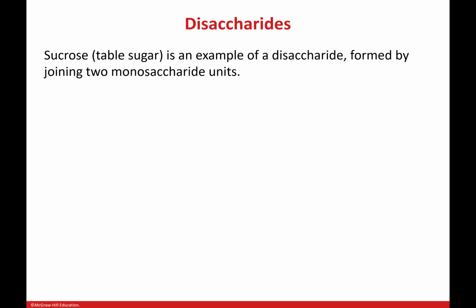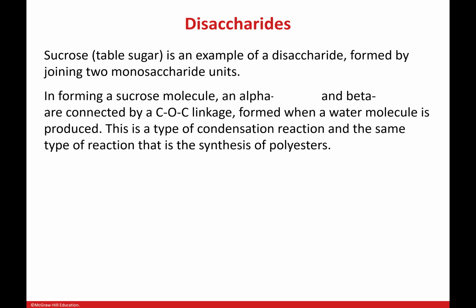And I think I have a video to kind of maybe show you how this works. So we're going to join 2 monosaccharides together. Sucrose, you get an alpha glucose and a beta fructose. Alpha glucose, beta fructose. So sucrose has got glucose and fructose in it.